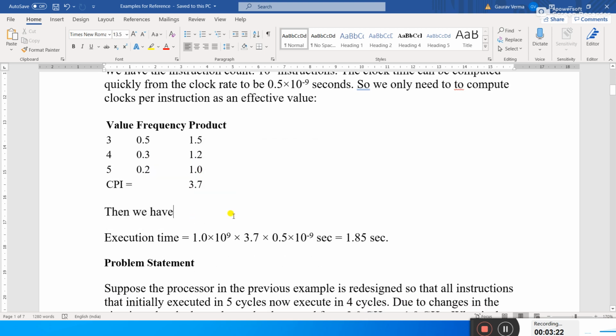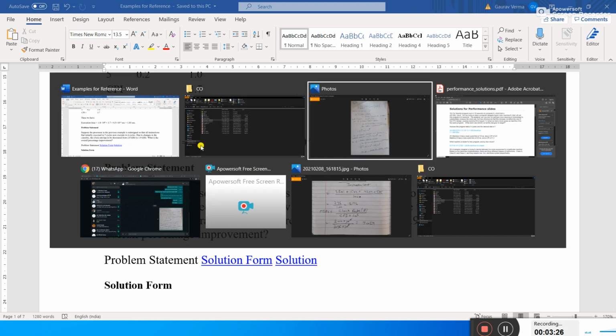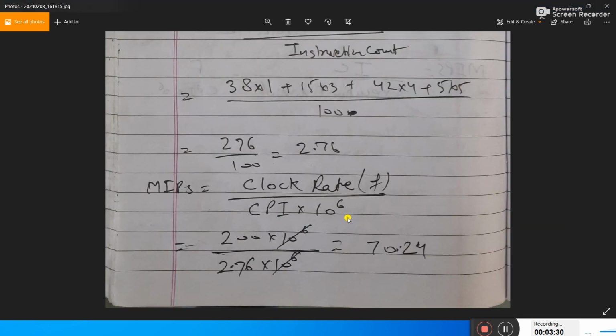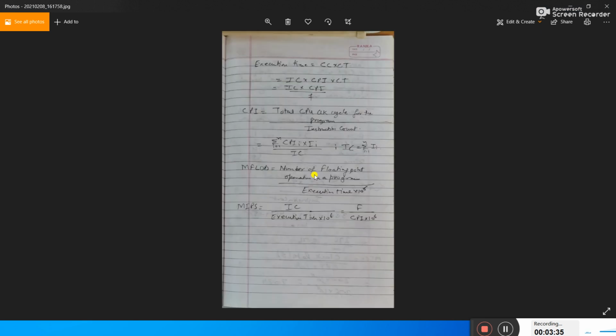Now we can find the execution time, for which I have already provided you the formula.